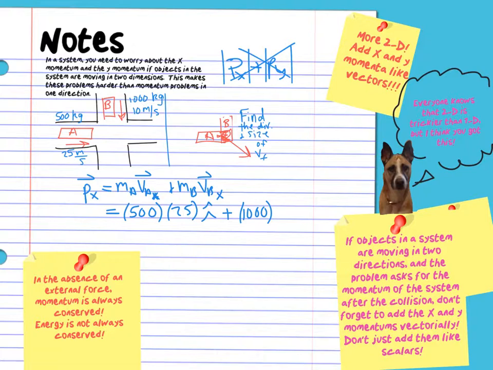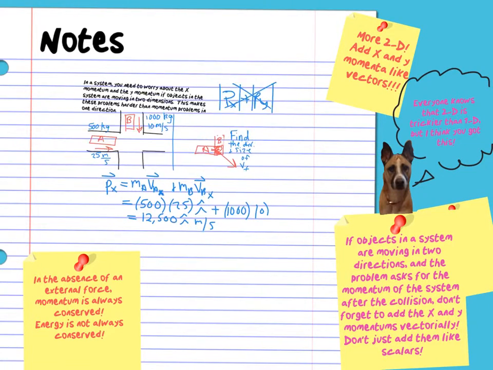What is the velocity in the x direction of B? Well, it's going in the y direction, so that means it's 0. That means that the initial momentum in the x direction is 12,500 kg·m/s in the i direction.